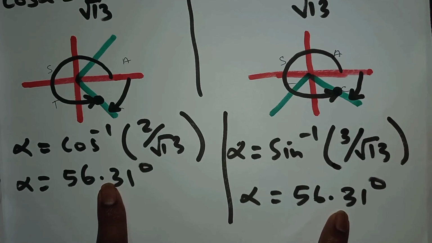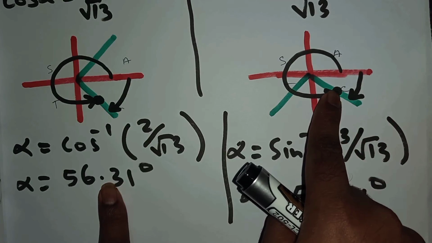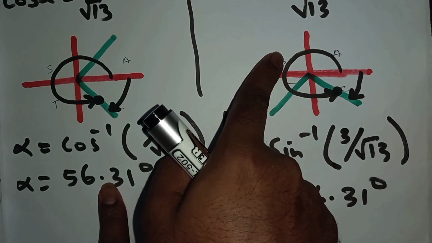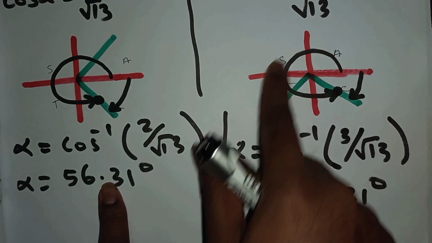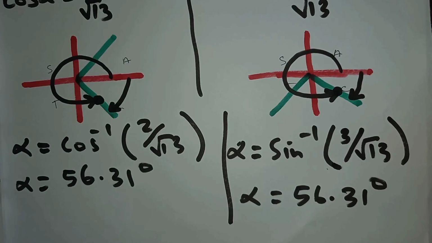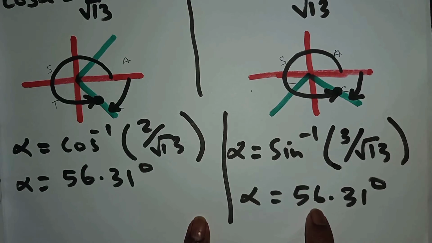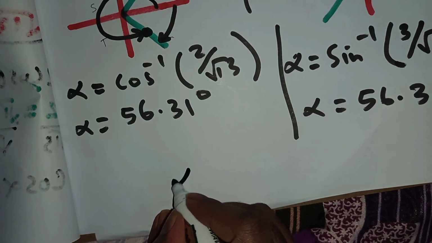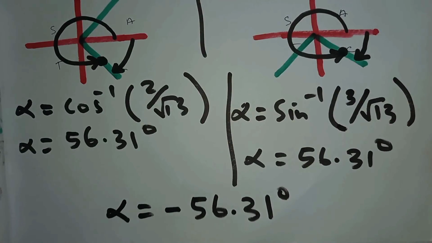If we take positive, we cannot arrive here because this is 90, 180, this is 270, and then it is more. It's common sense. So the only way we can arrive at this point is at a negative 56.31 degree angle. So the value of alpha that we are going to take is negative 56.31 degrees. So this is our value of alpha.